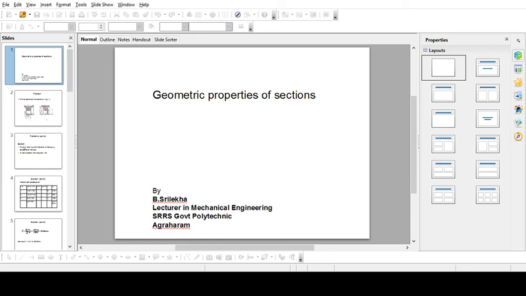Next, we need to find a1 y1, a2 y2, a3 y3 and so on, and a1 x1, a2 x2, a3 x3 and so on. And we have to find the summation of moment of areas about the x-axis and the summation of moment of areas about the y-axis.